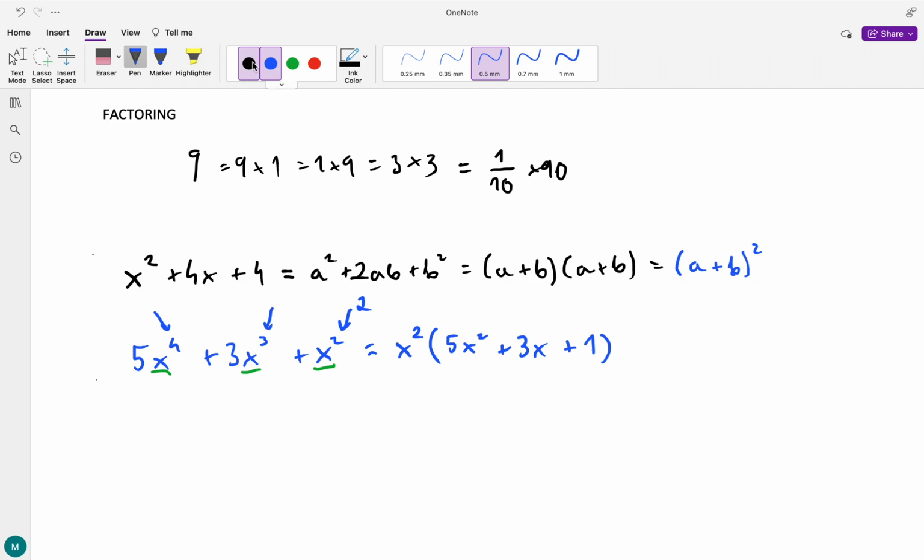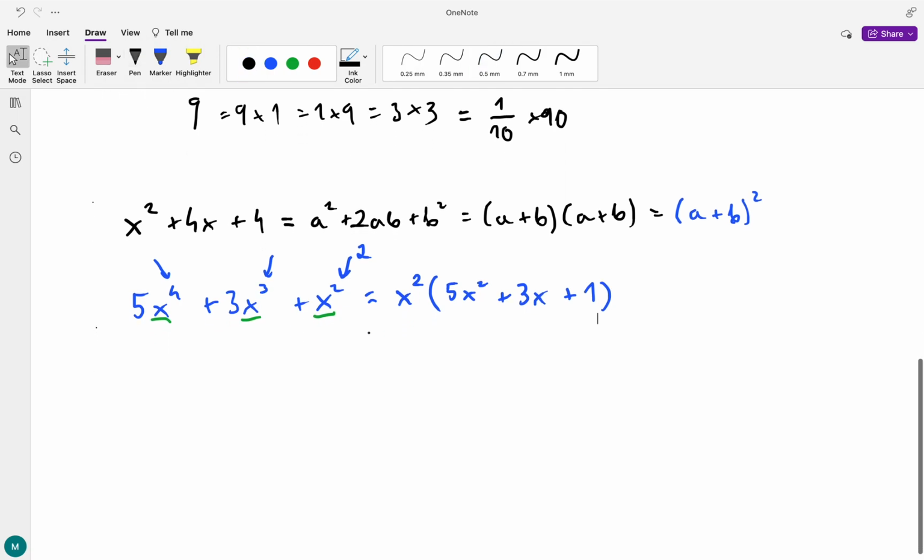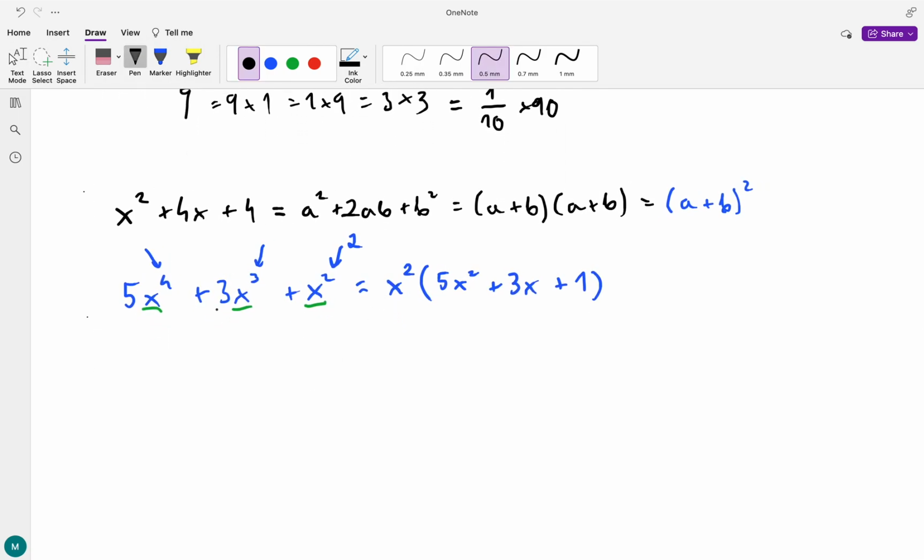Okay, let's do a few examples where we can practice factoring out just a single variable. For example, 6x to the 5th minus 7x to the 4th plus 3x to the 3rd minus x.